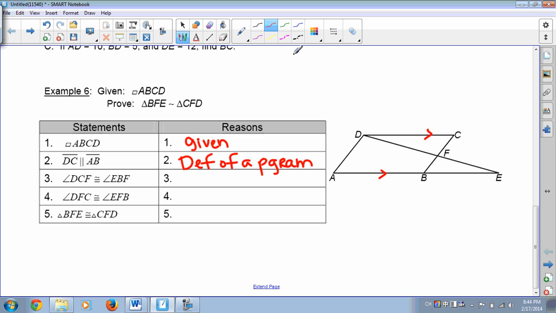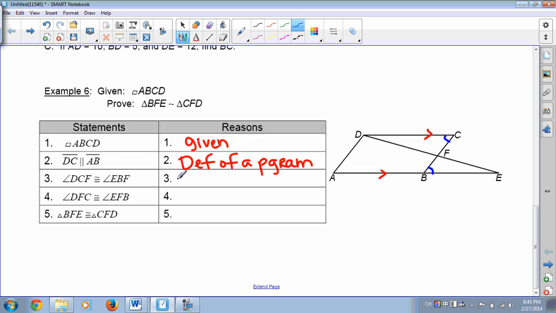Okay. Now it's telling us we've got some congruent angles. Angle DCF, so this angle up here is congruent to angle EBF, so this angle here. So notice, remember, these are parallel lines, and they're being cut by a transversal. So these two angles that I just marked are alternate interior angles.